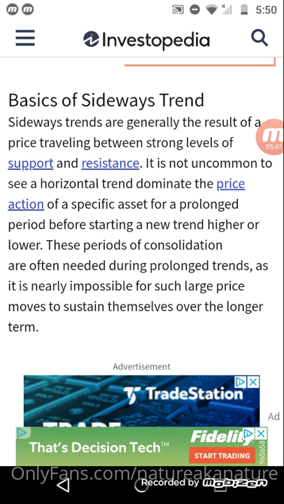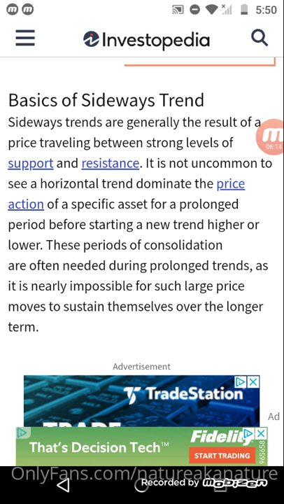So a sideways trend is generally the result of price traveling between a strong level of support and resistance. It's not uncommon to see a horizontal trend dominate the price action of a specific asset for a prolonged period before starting a new trend, higher or lower. You'll see it consolidating for a good period of time, just building up momentum.